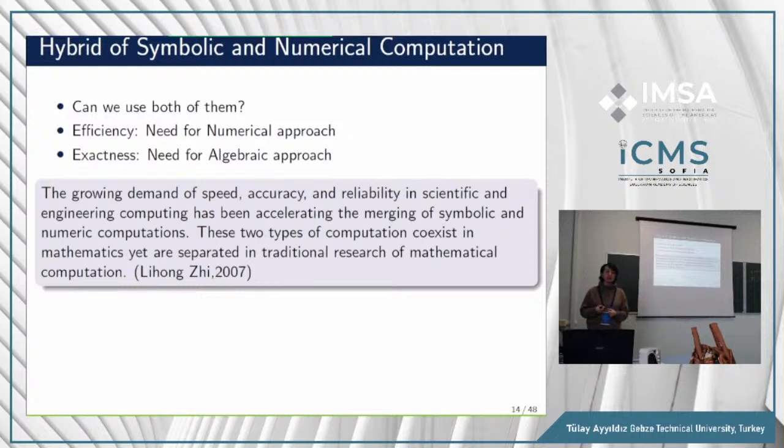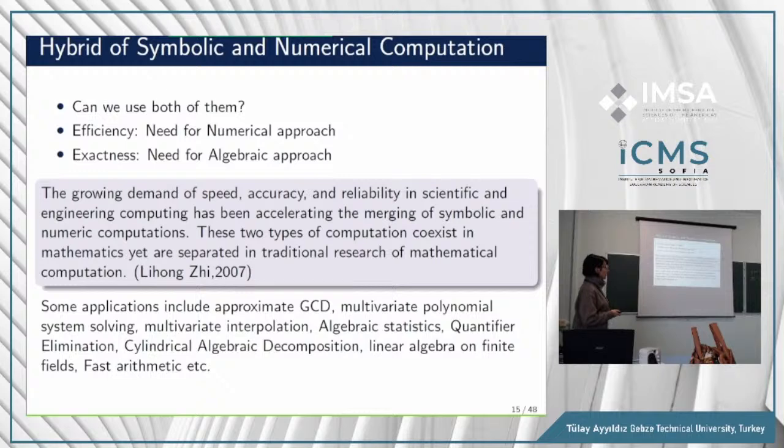Some mathematical modeling people use it in polynomial models. They use lots of symbolic computation in one part, but when they need efficiency, they cannot really compete with other parts. Then they start using symbolic and numeric together. There are many applications, but these are the ones I'm interested in, which I have seen a lot: approximate GCDs, multivariate polynomial system solving, which is one of my areas, and interpolation.